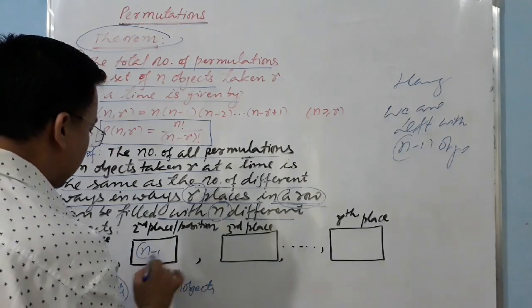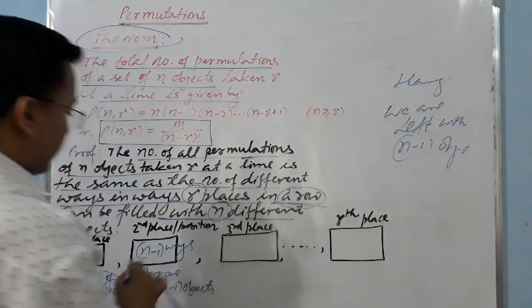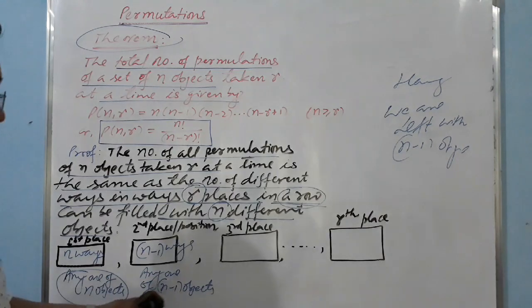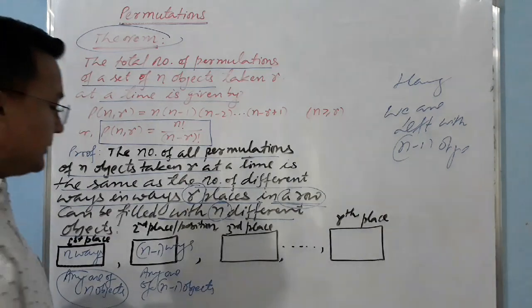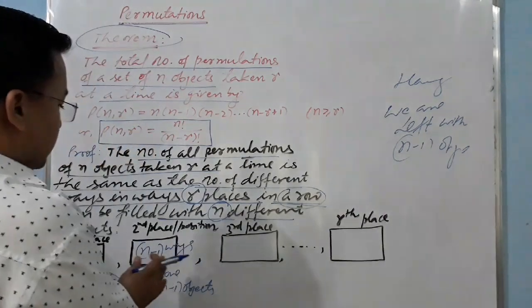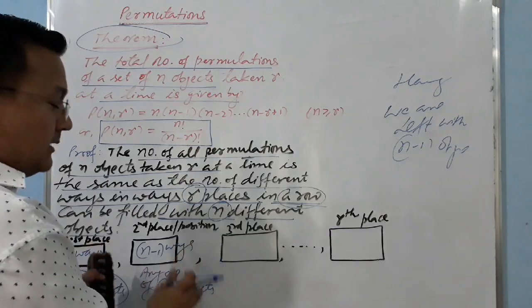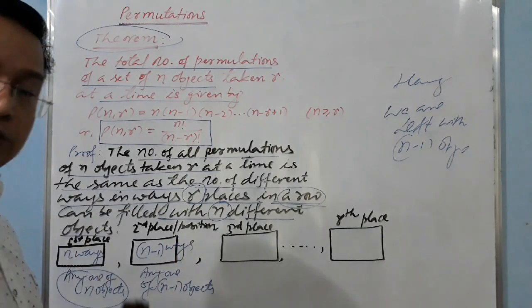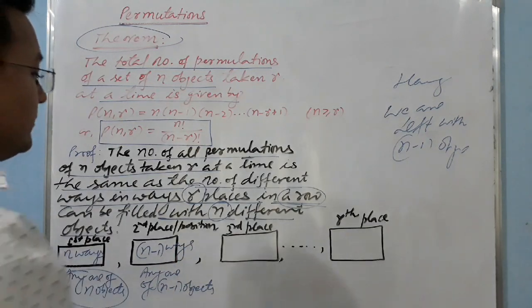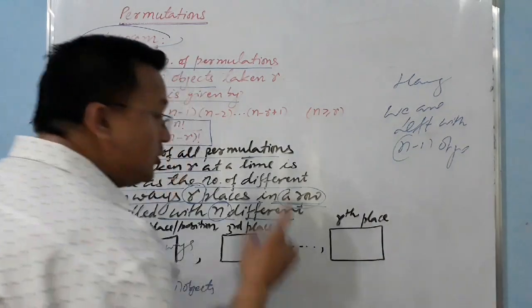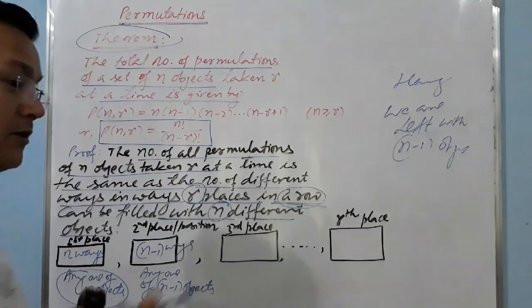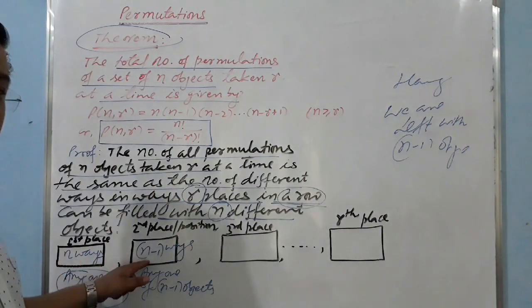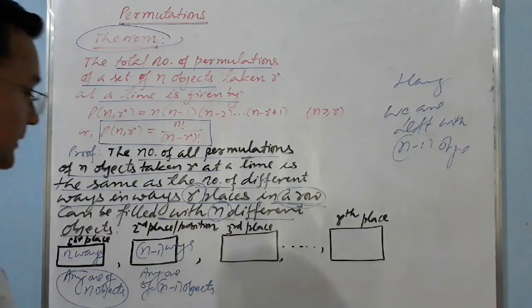Here I can write n-1 ways. If you can use any one of n-1 objects, this means there are n-1 ways, right? Similarly, when the second position has been filled, we are left with n-2 objects, because out of n, one is gone here, one is gone here, now n-2 are left.